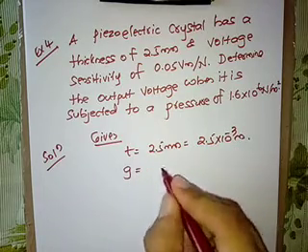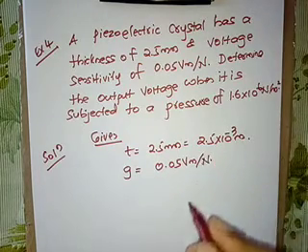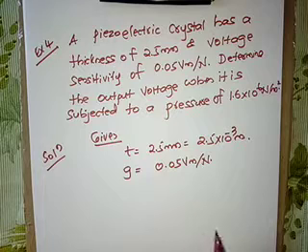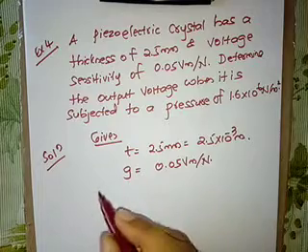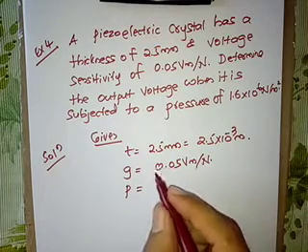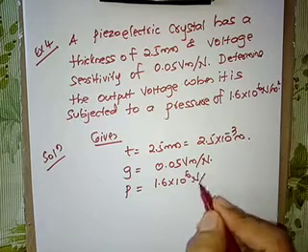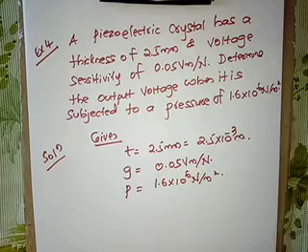Voltage sensitivity is 0.05 voltmeter per Newton. Pressure is given. Pressure applied, P is equal to 1.6 into 10 raised to 6 Newton per meter square.